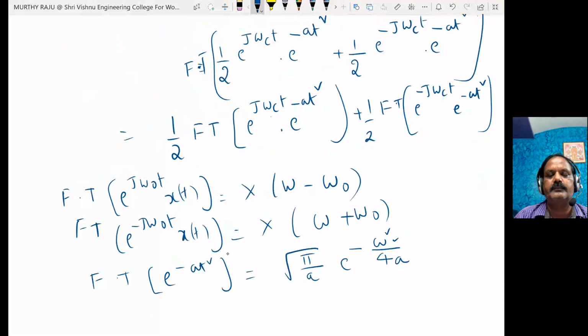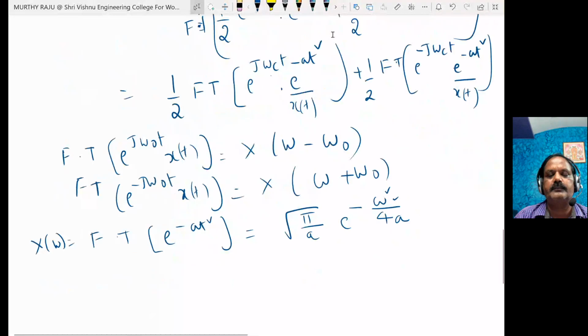Here x of t is the Gaussian, and x of omega is its transform, but omega is shifted by omega c. Fourier transform of e power j omega naught t x of t is x of omega minus omega naught.